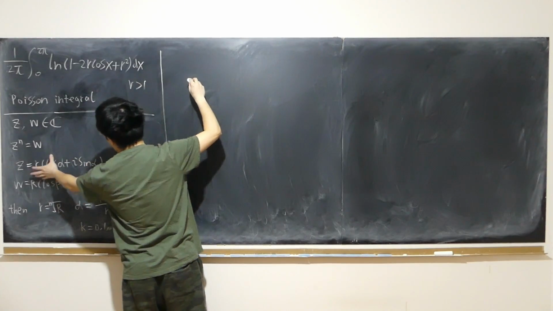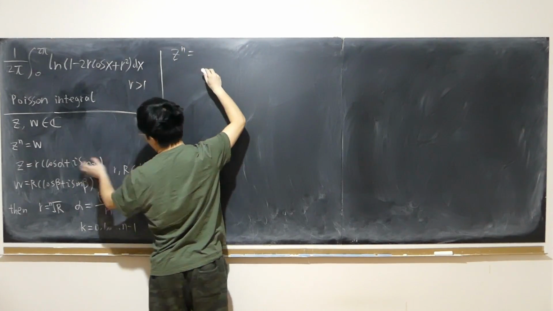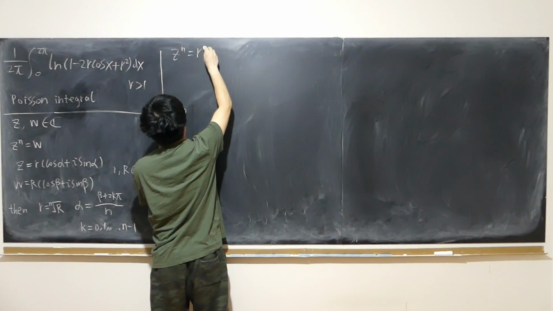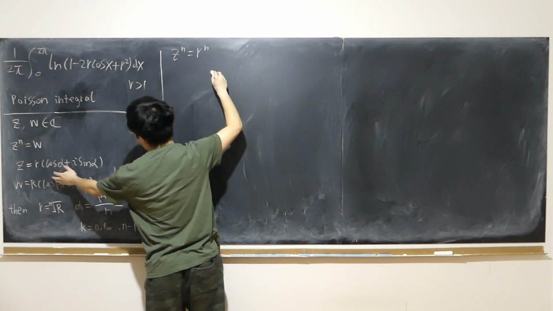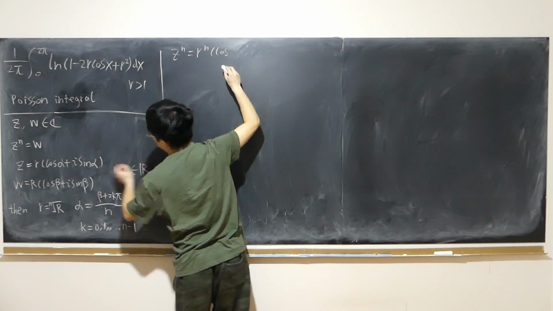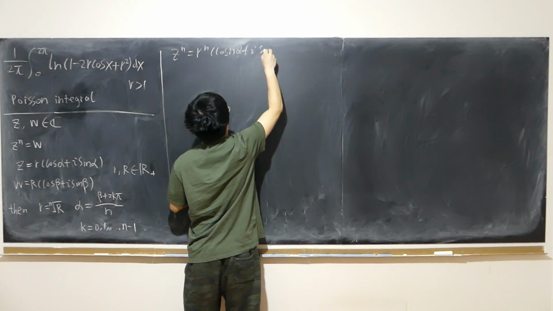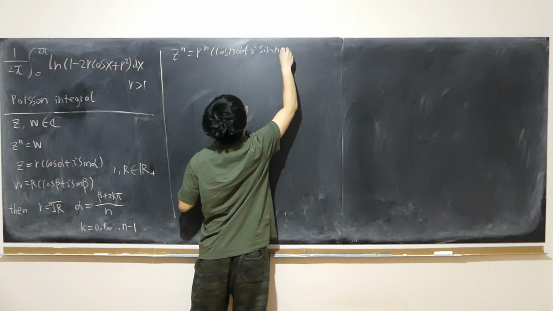So first this lemma. z to the power of n is equal to r to the power of n, according to de Moivre's rule, times cosine n alpha plus i times sine of n alpha.